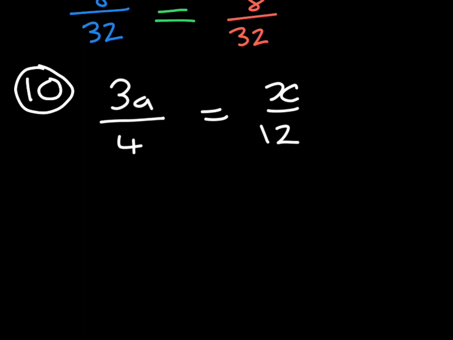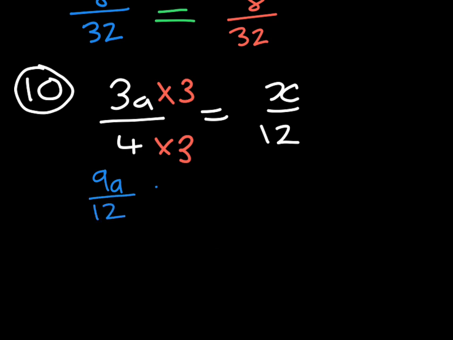And to do that, we are going to multiply by 3, since 3 times 4 gives us 12. And whatever we do at the bottom, we must do at the top. Therefore, we are going to have 3a times 3 gives us 9a, and 4 times 3 gives us 12.